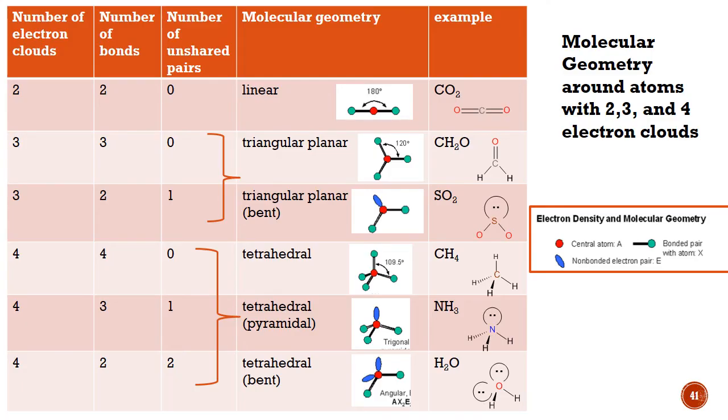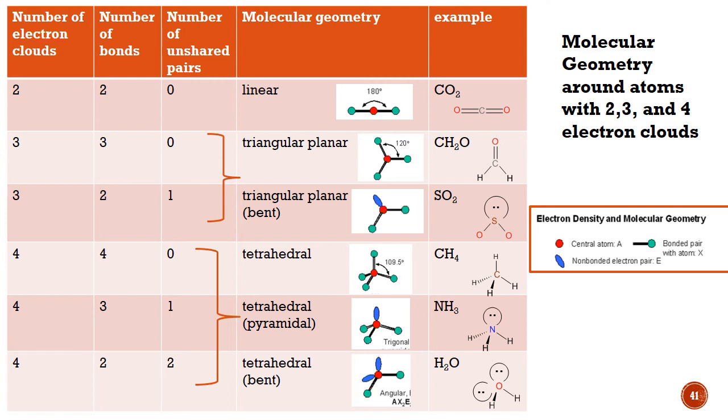So this chart will give you a little bit of a summary. If you have 2 electron clouds and both of them are bonded, then we have the linear shape with 180-degree bonds. An example is CO2. If we have 3 electron clouds, we have the triangular planar shape.